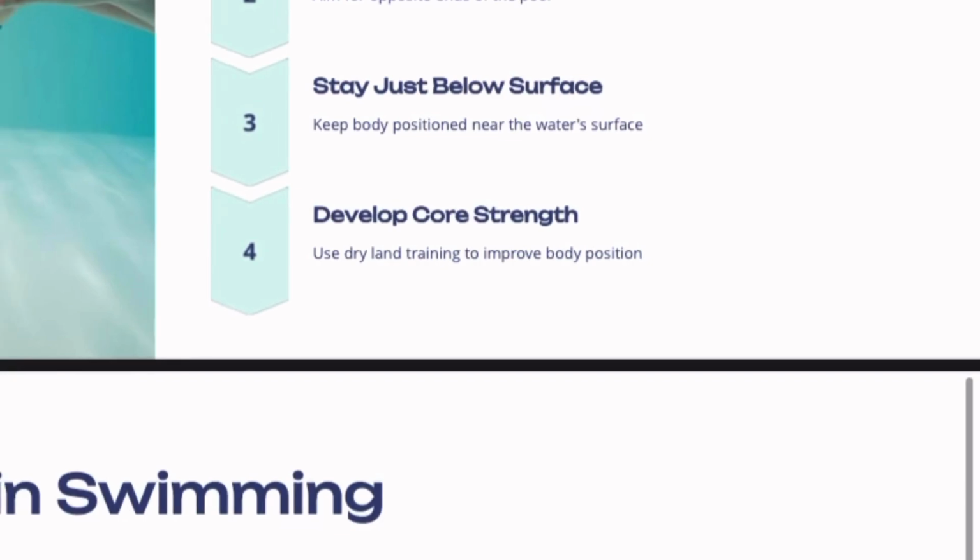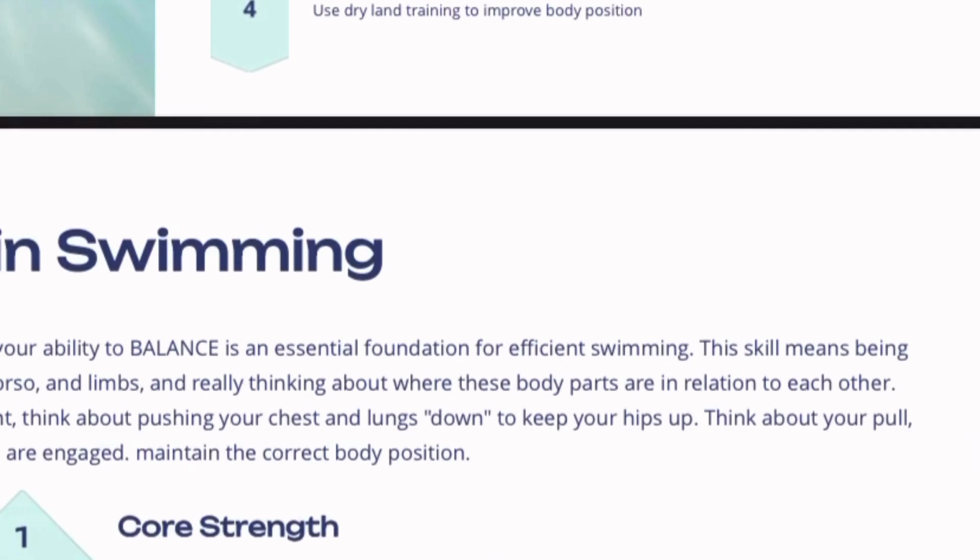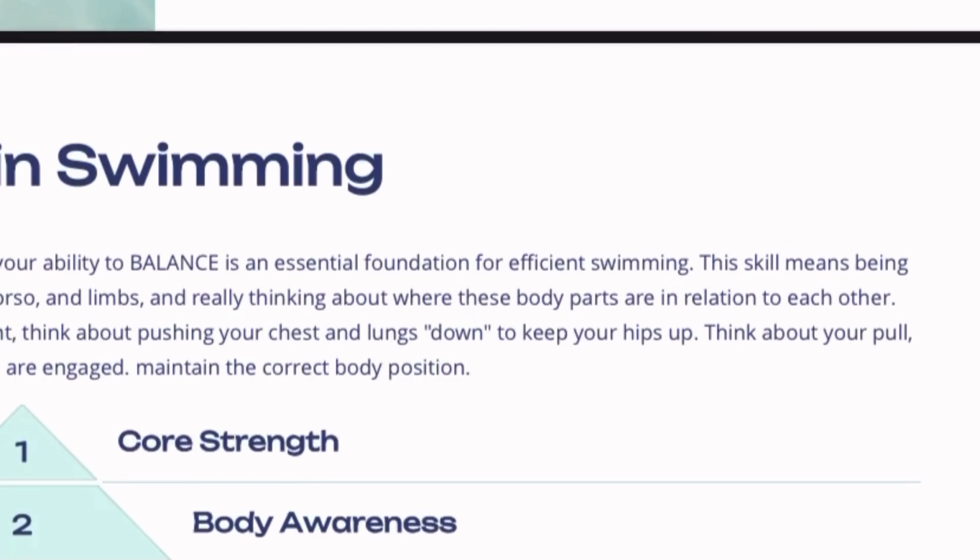So there are four principles of body position: maintain length, keep body and limbs long; reach, aim for opposite ends of the pool; third, stay just below the surface, keep the body positioned near the water surface; fourth, develop core strength, use dry land training to improve body position.